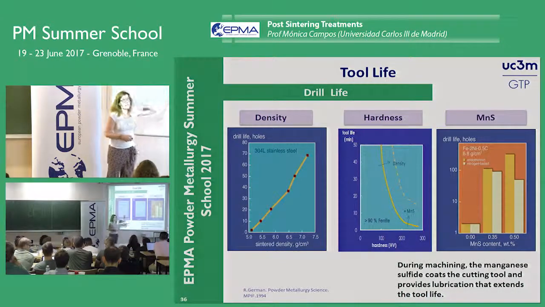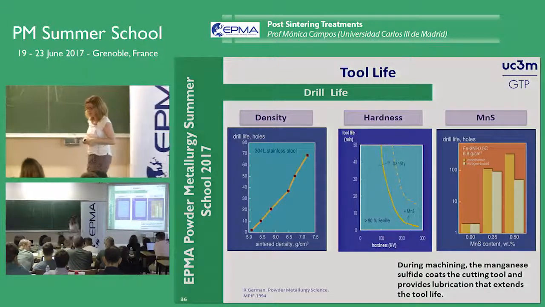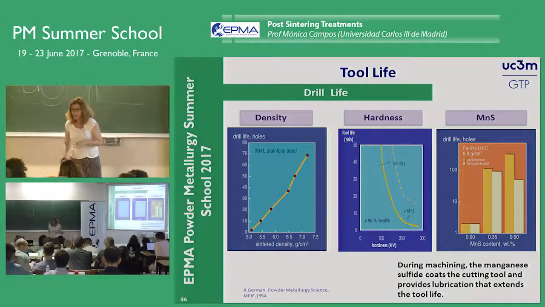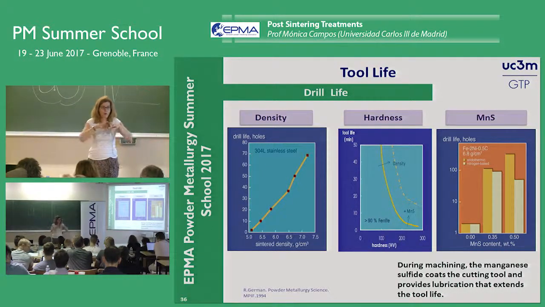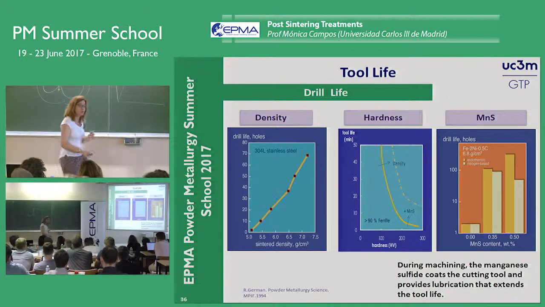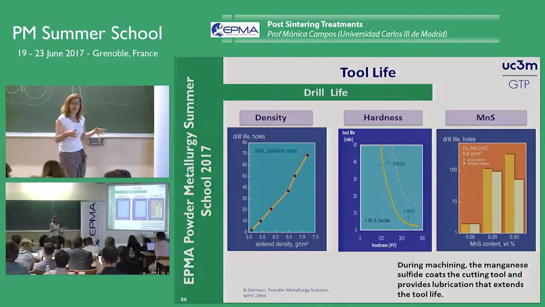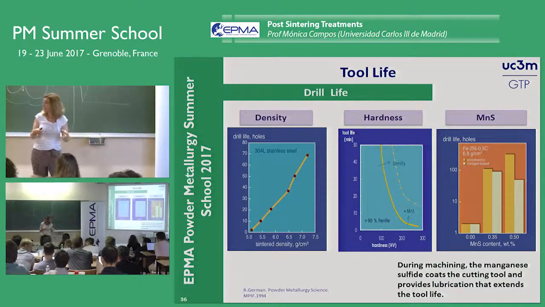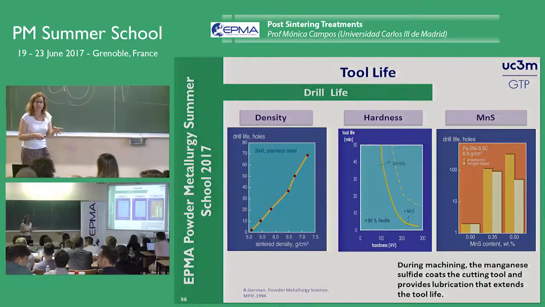And if we increase the additive, in that case, the manganese sulfide is going to coat the cutting tool when the machining process is running, and then protect the tool during the process, and then extend the tool life. That's the meaning of this kind of additive.